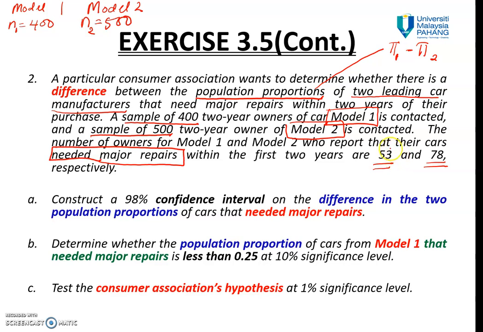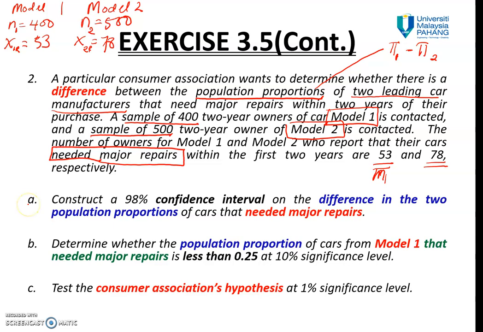Here it's not a percentage, it's a number of customers. The number of customers of model 1 who say they needed major repair, X1R, is 53. And for model 2, you will have X2R, which is 78.